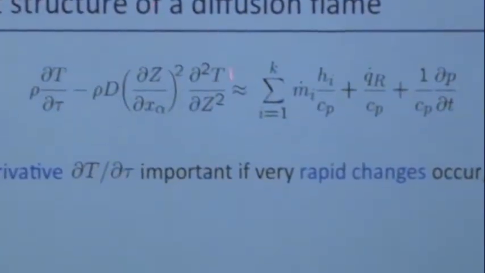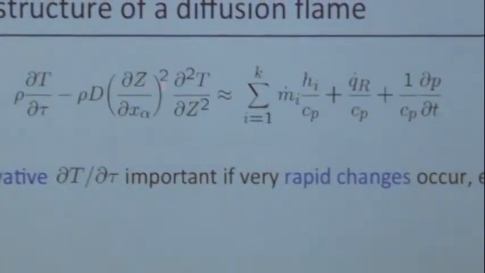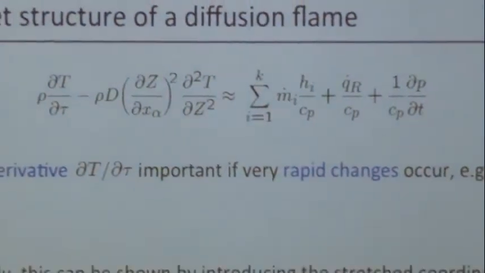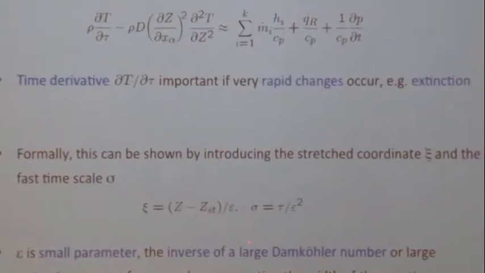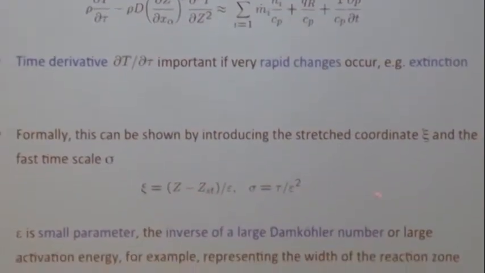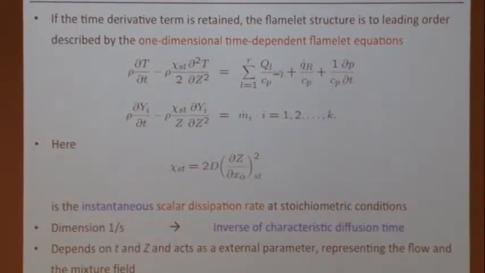And then you see you just have this term here balancing the right-hand side. Now, what you see here, so this just gives you some details on the asymptotic approximation here, and really the assumption is the Damköhler number is relatively large, not infinitely large, but relatively large. And then you come up with this set of equations here.